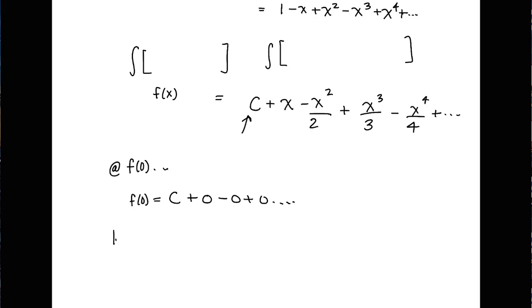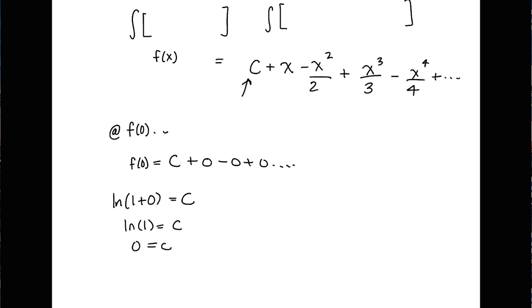So ln of 1 plus 0 should be equal to c. That means ln of 1 is equal to c, so 0 is c. Okay, so our series is actually f of x equals x minus x squared over 2 plus x cubed over 3 minus x to the fourth over 4, and so on and so forth.